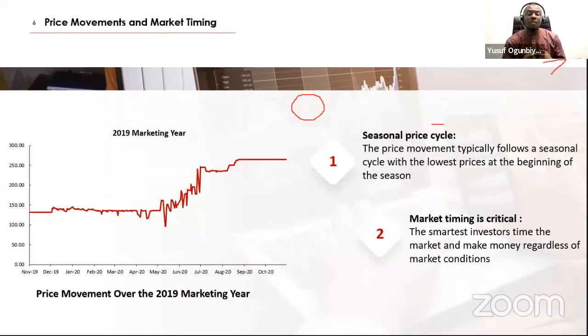Just like you are monitoring the reports to know when to buy and sell paddy, you will be monitoring the production progress to say, at this point we are entering the next production season, and there's a likelihood that another set of paddy rice will come into the market, which will affect your own prices as well. So you need to monitor these reports and know when best to enter and exit the market. That's the way I would typically look at it.